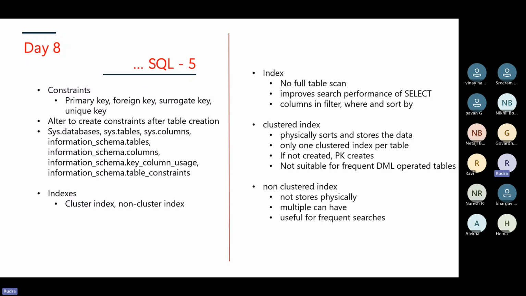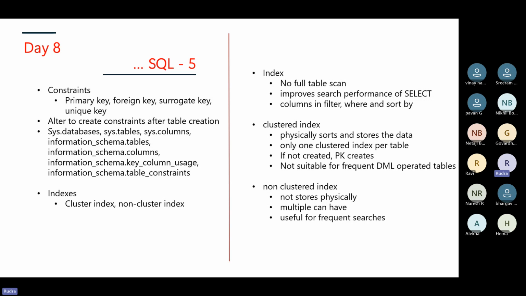So for every table, you'll have only one single cluster index. Based on the cluster index, it physically sorts your data and stores it in the table in a particular place, so that it is easy to compare on that particular column.